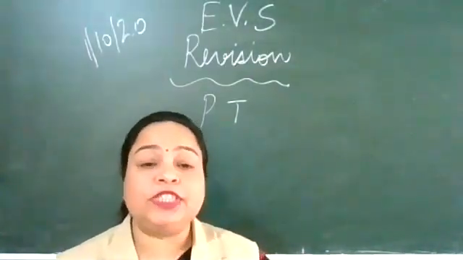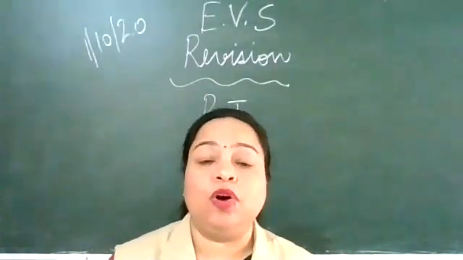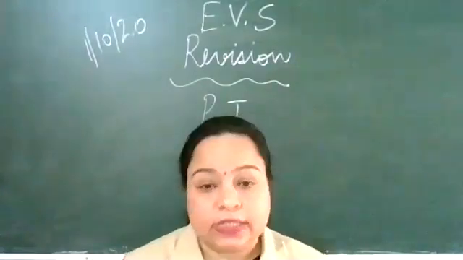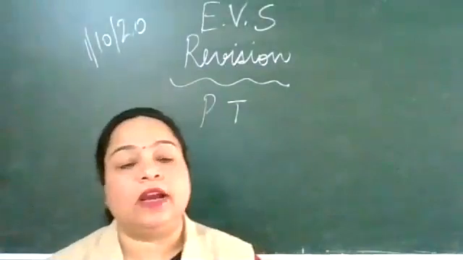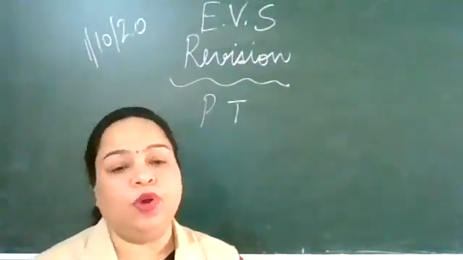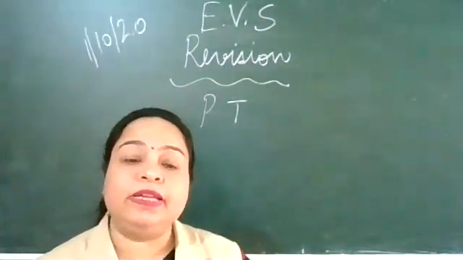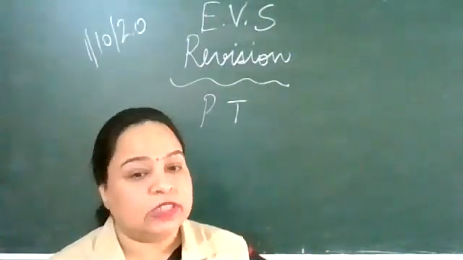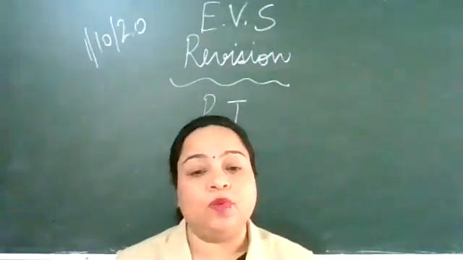Next is switching off the electric gadgets, the electric items, when not in use. Suppose you are going outside your class, your home, your room, or anywhere else. Please switch it off when not in use, so that it conserves the energy which is being produced.